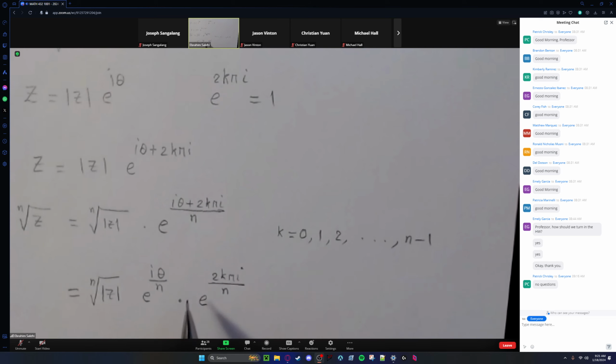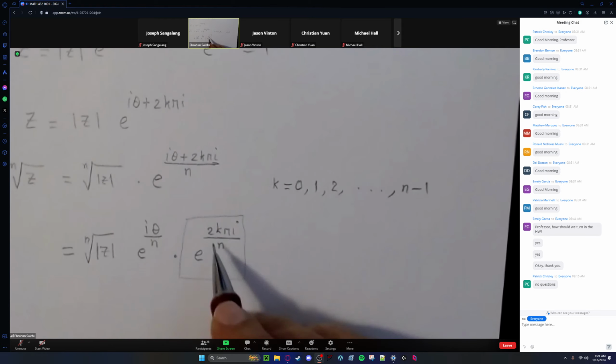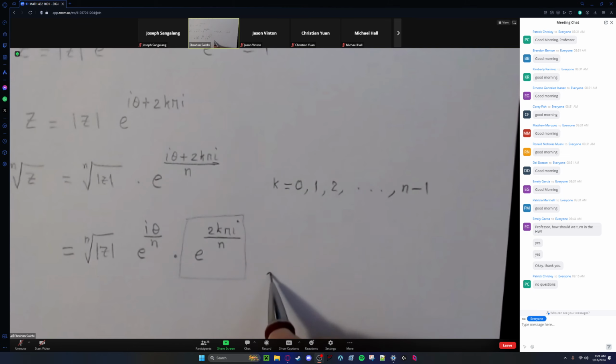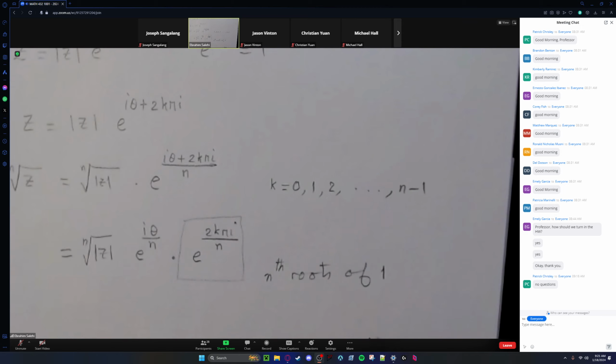Just this part, I am just going to justify why this will produce nth roots of 1. Usually we call it unity, but 1. What do I mean by this?